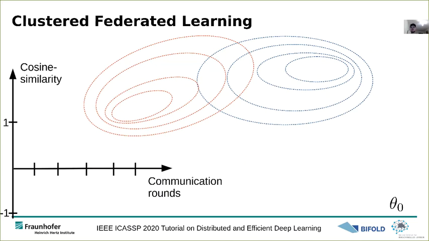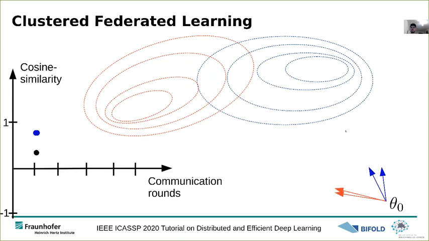We have some clients that have data that results in the blue risk function, and some clients that have data that results in the red risk function. And now we are jointly training a federated learning model. Then what happens will be the following.